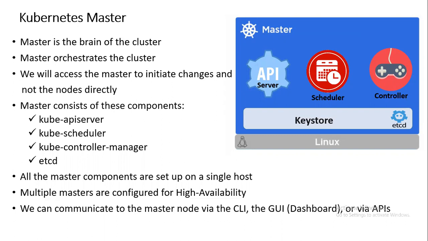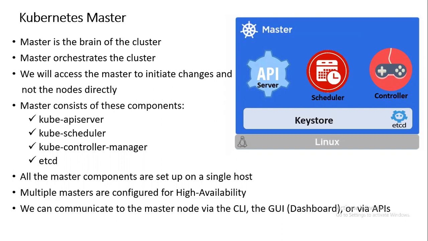Workload means what to do now. So the controller will take the desired data from etcd and also check the actual cluster, and if it doesn't match, it will tell what to do.